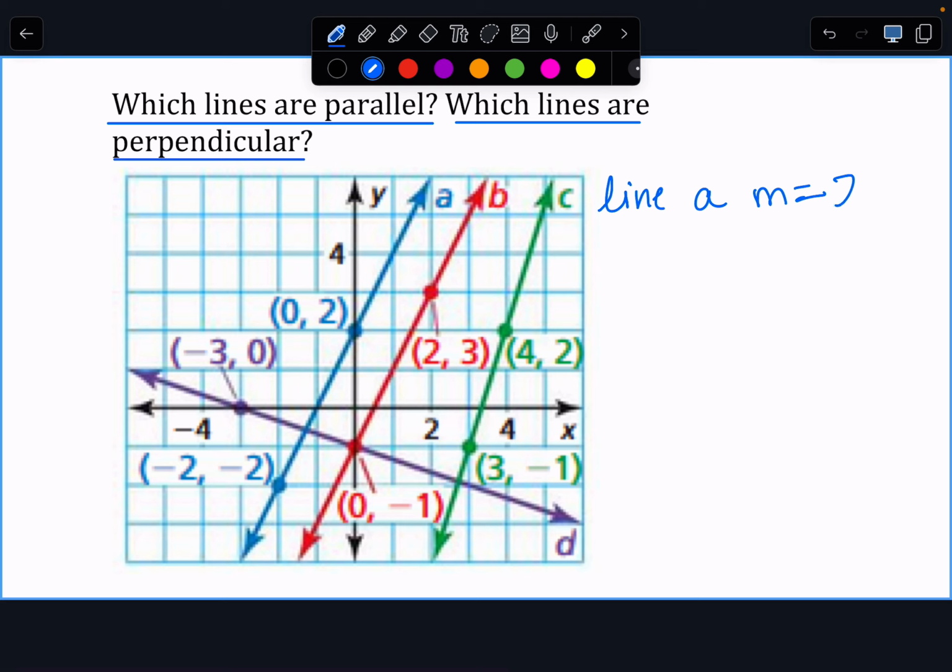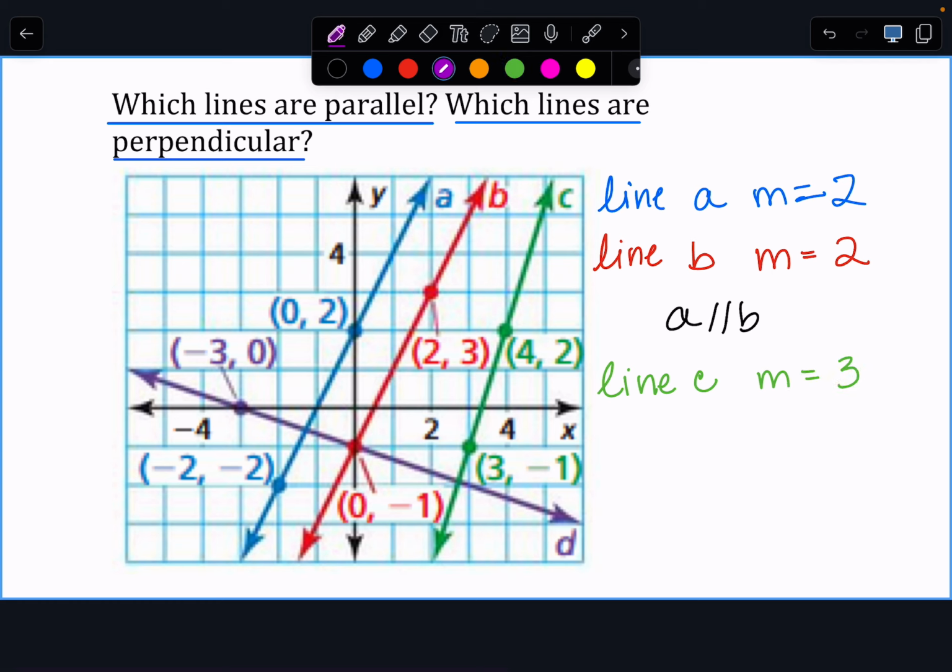Do we agree with Augie that line A has a slope of 2? Okay. Line B has a slope of, oh, also 2. So those are parallel, right? Are A and B parallel to C? Okay. What is the slope of line C? 3/1.